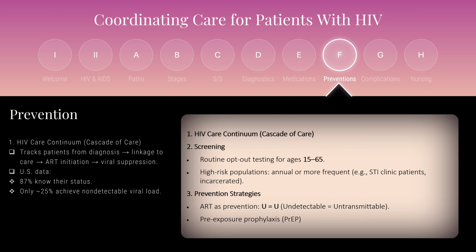So public health initiatives should focus on expanding PrEP awareness and accessibility, especially for high-risk populations, ensuring PrEP is covered by insurance or available at reduced cost, and providing ongoing counseling on condom use and STI prevention.